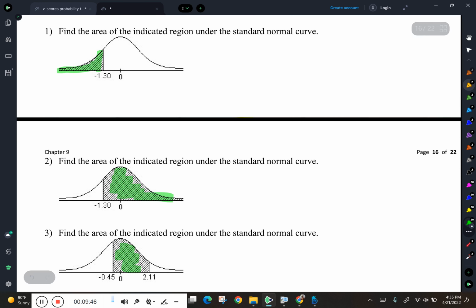Now, if I wanted to correctly write out this first problem up here, I'm trying to find the probability that z is less than or equal to negative 1.30. Now, how do I know that it's a z and not an x? Because my axis isn't labeled here. The answer is right there. As soon as they say it's a standard normal curve, it's a z. All right, so that's what I want to do.